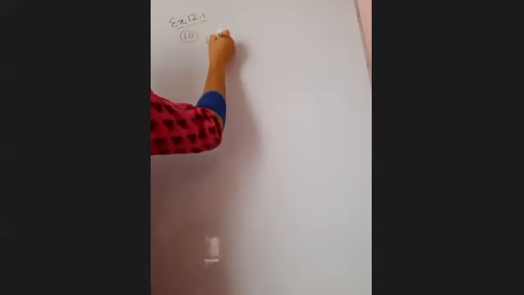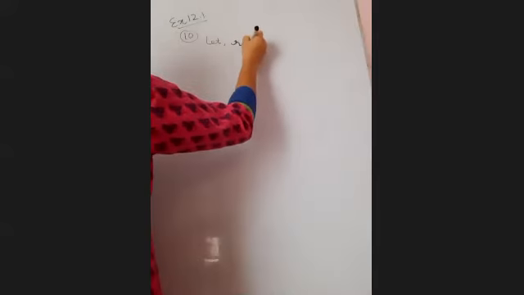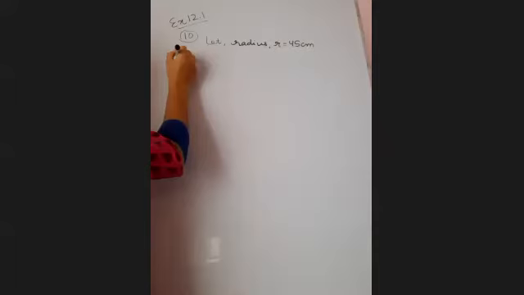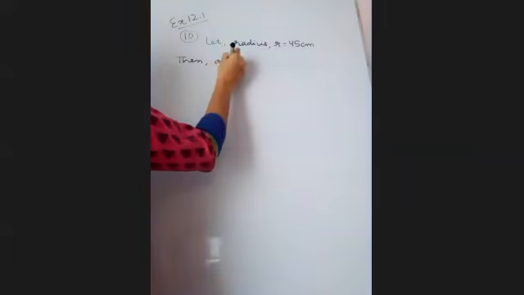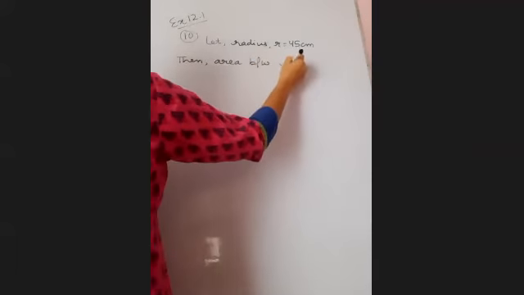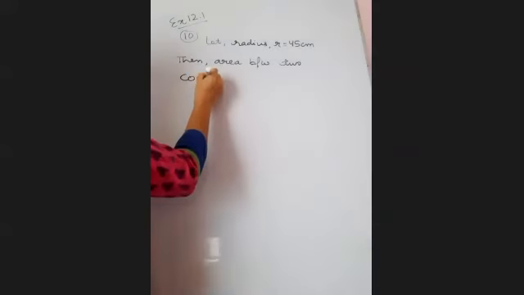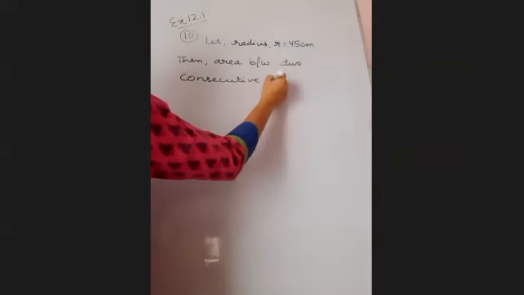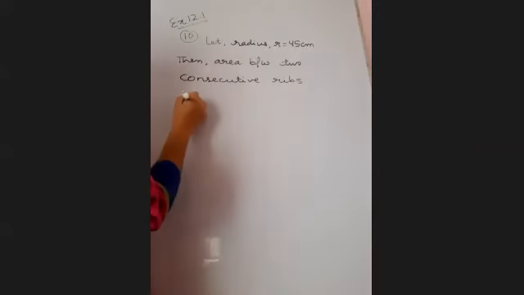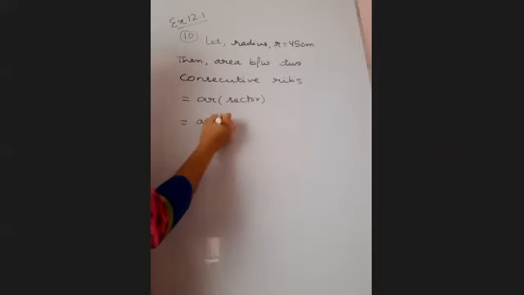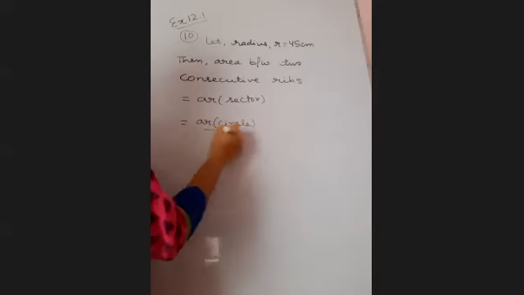So you just have to take the radius. So let radius be 45 centimeter. Then area between two consecutive ribs is equal to area of sector, and then you will write this is equal to area of circle divided by 8.